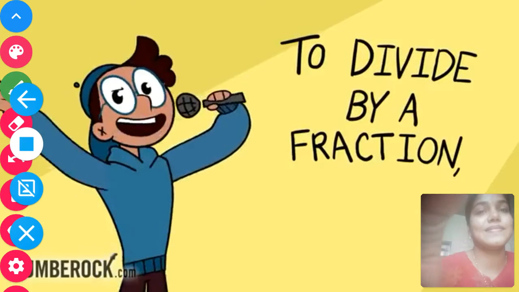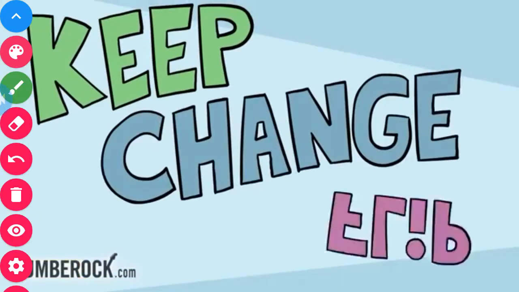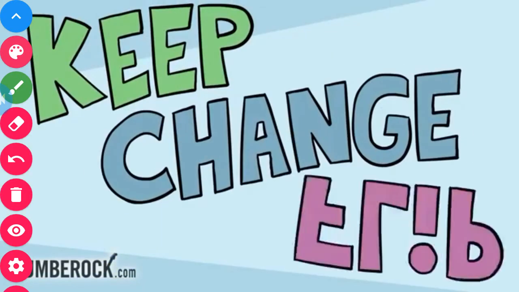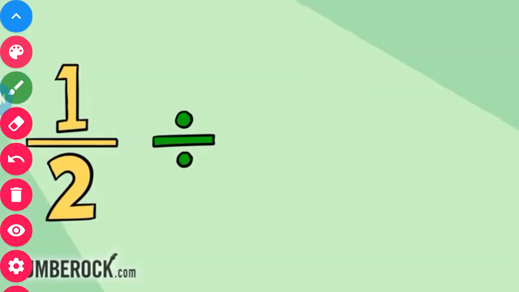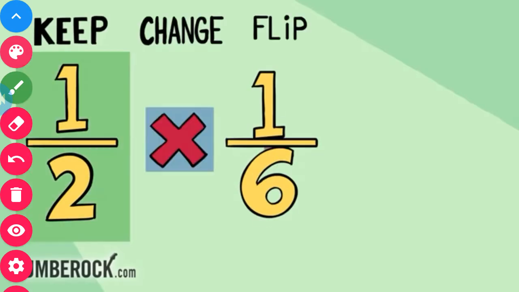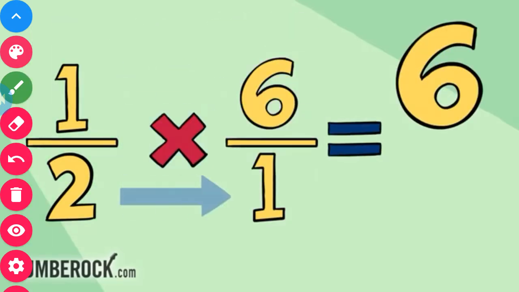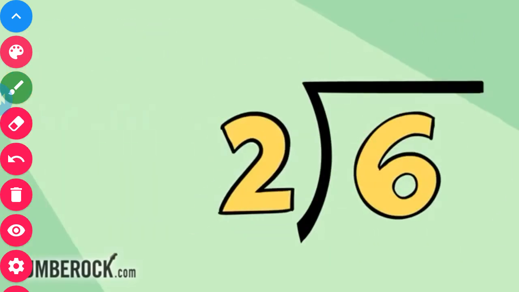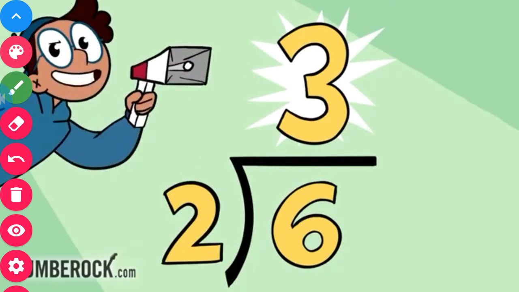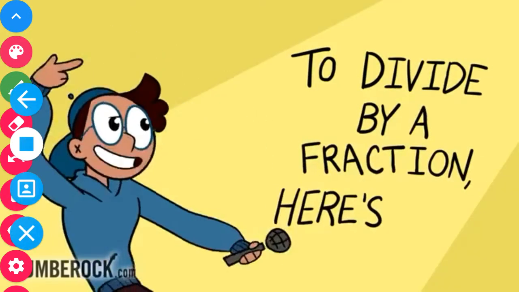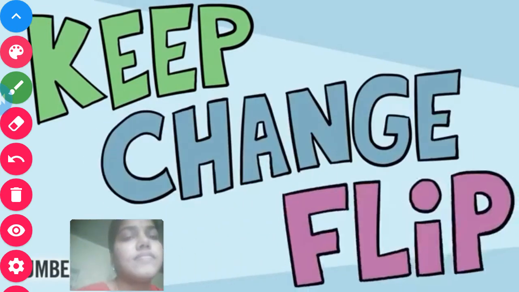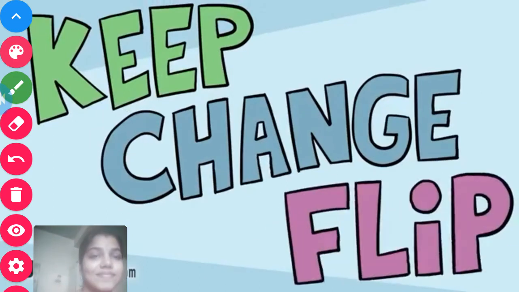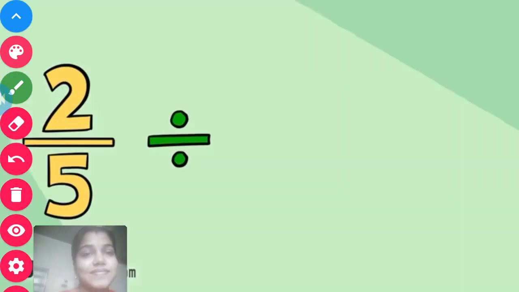To divide by a fraction, here's a tip. Keep, change, flip. To divide 1/2 by 1/6. Keep, change, flip. 1 times 6 is 6, and 2 times 1 is 2. It's an improper fraction, so we're not through. Divide 6 by 2, and the quotient is 3. To divide 2/5 by 1/5.